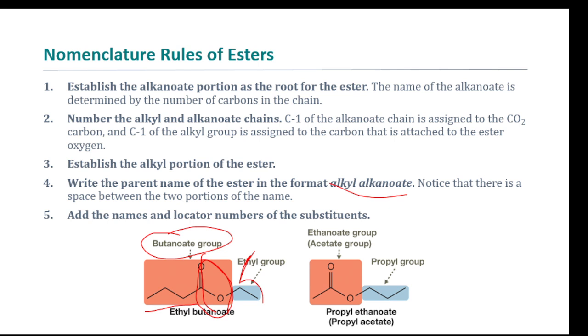Okay, so let's try this out on this one here. Right here we have the ethanoate. How many carbons is that? 2. You got it. And so that would be ethane normally. We drop the E, we add the suffix. So ethanoate. Everybody want to try that with me?